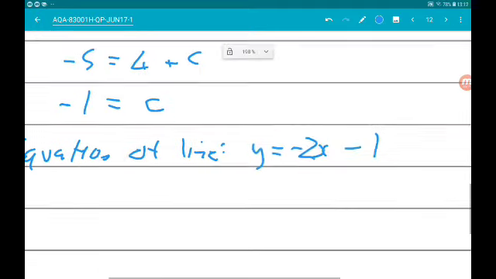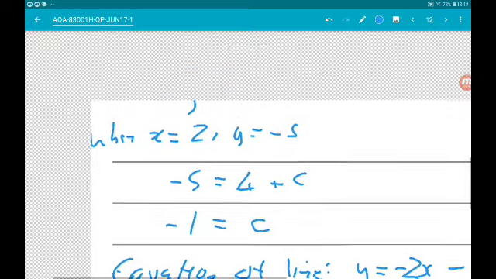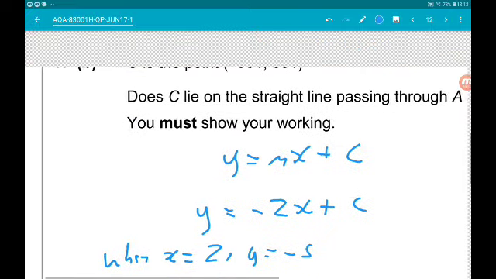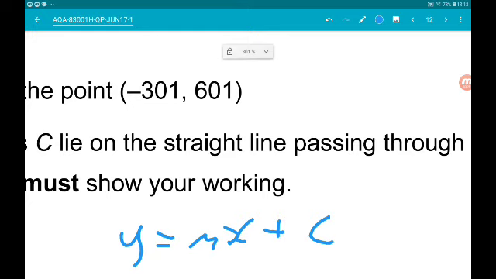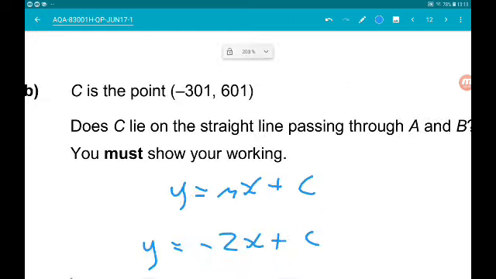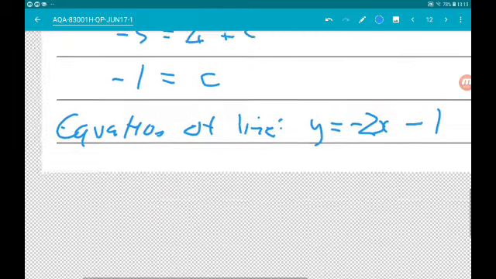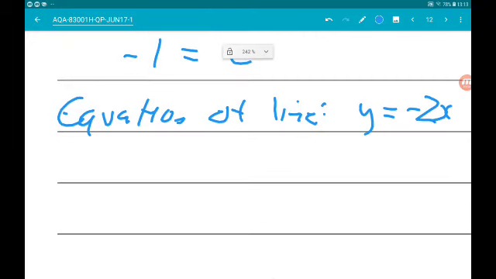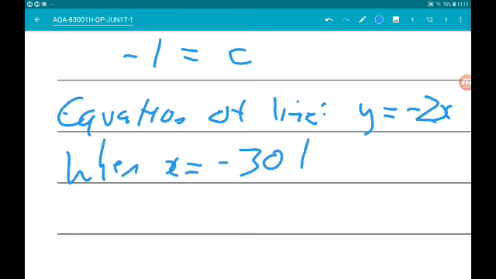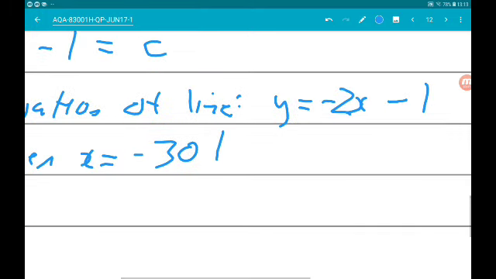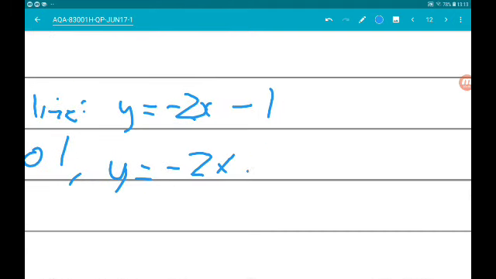Now, if this point does lie on the line, then when x is minus 301, y will be 601. So, when x is minus 301, y is minus 2 times minus 301 minus 1.